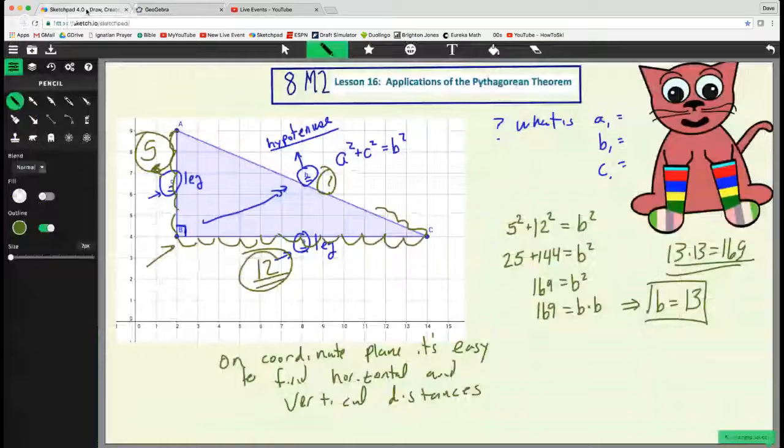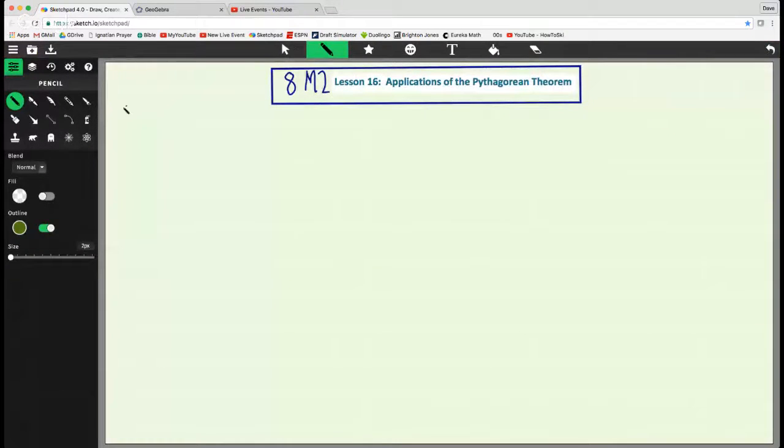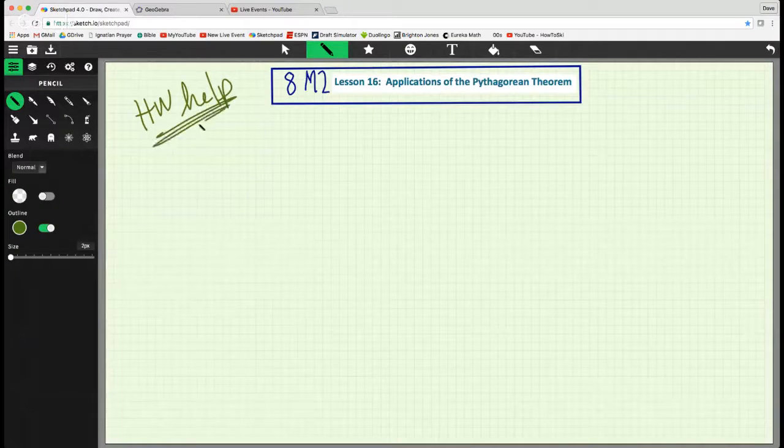Okay, we're going to go back to our sketch pad and do one more problem. This one is more homework help. This is a word problem. It says, I have a 20-foot ladder.